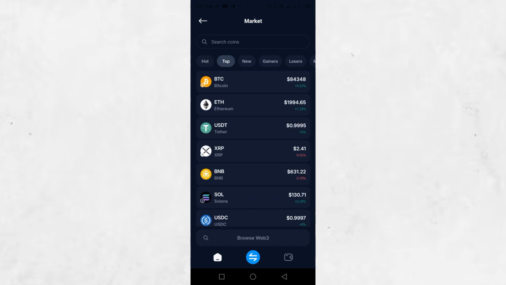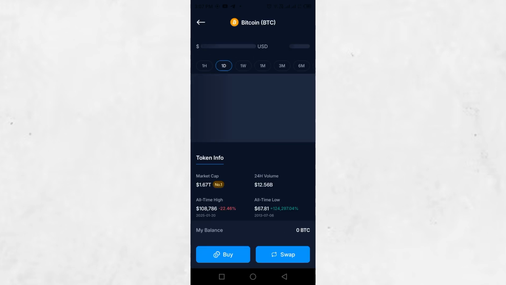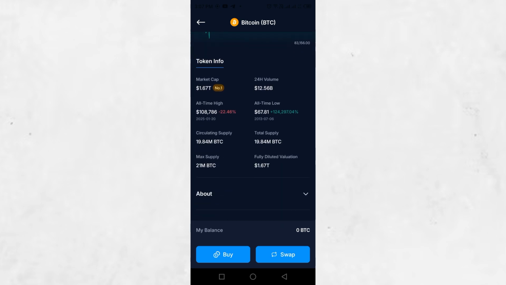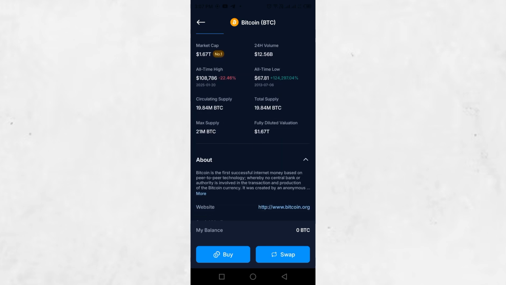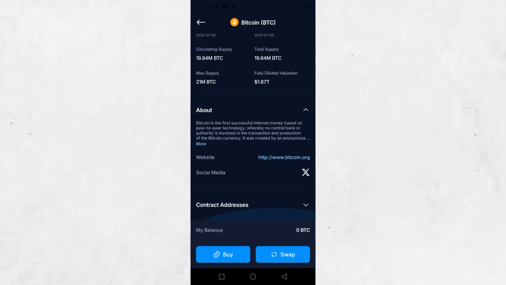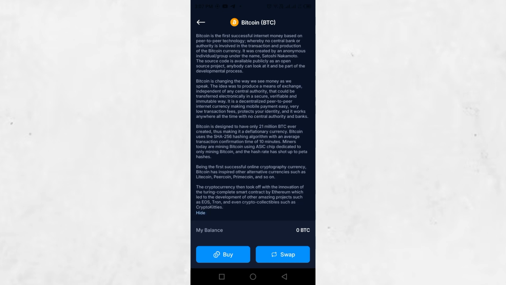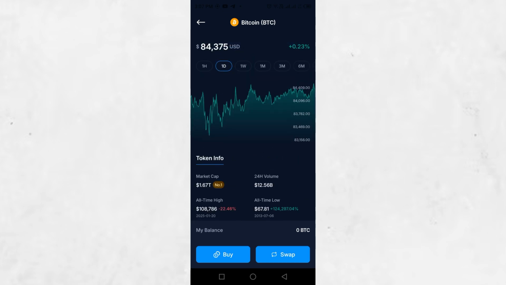The Top category showcases the leading cryptocurrencies based on crucial metrics such as market capitalization, trading volume, and overall dominance in the crypto market. This section is particularly useful for tracking major players like Bitcoin, Ethereum, and other top-performing digital assets, providing a clear view of the most influential coins in the industry.